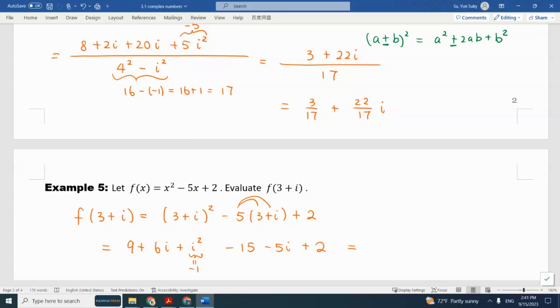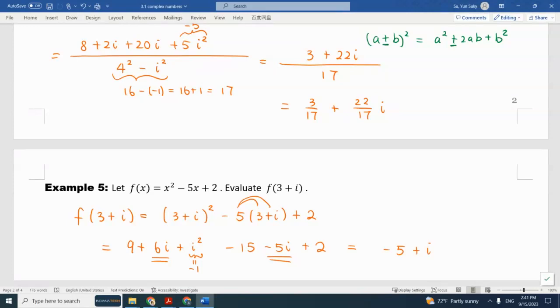Is everybody okay with that? Minus 5. Okay. Where is the i term? 6i and minus 5i is i. So our answer is minus 5 plus i.